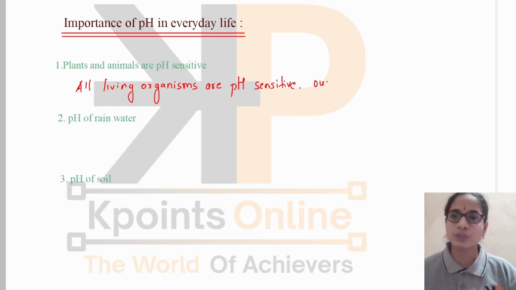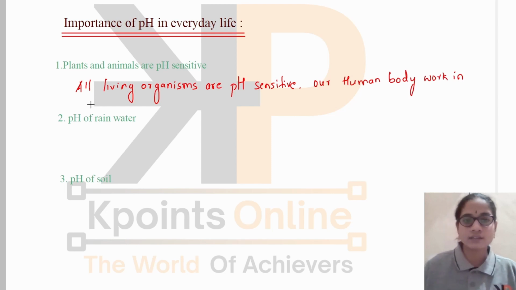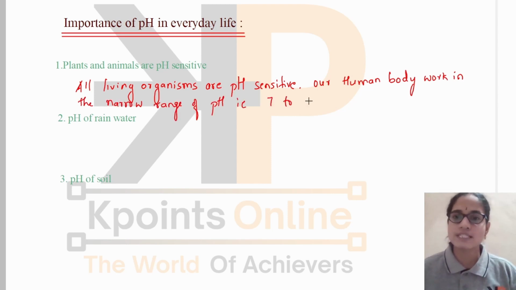Our human body works in the narrow pH range of 7 to 7.8, so it needs to be maintained in balance. If the values largely deviate from these values, then the person will be affected with many diseases.